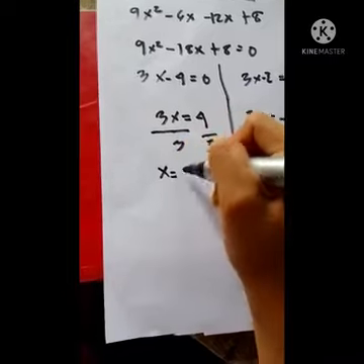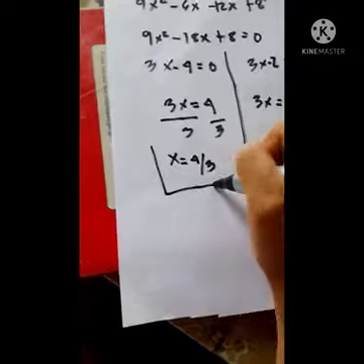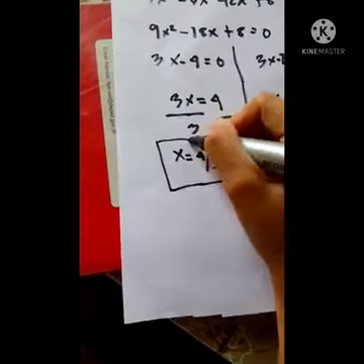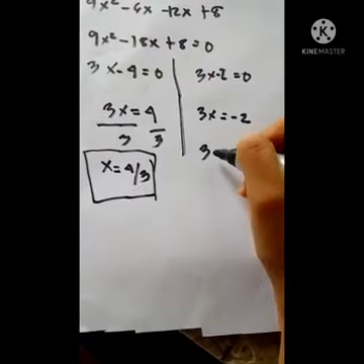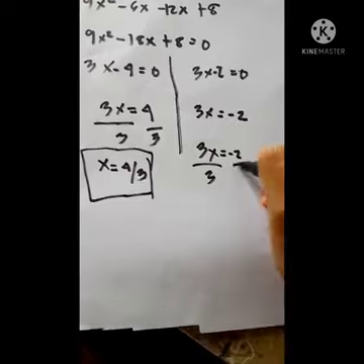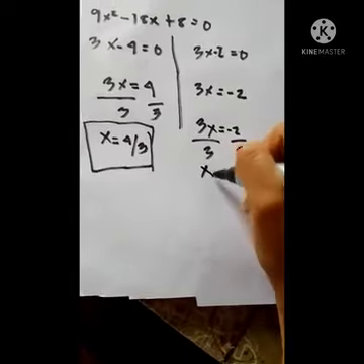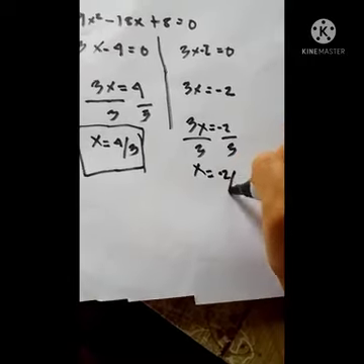So x equals 4/3. And 3x equals 2 divided by 3, divided by 3, so x equals 2/3.